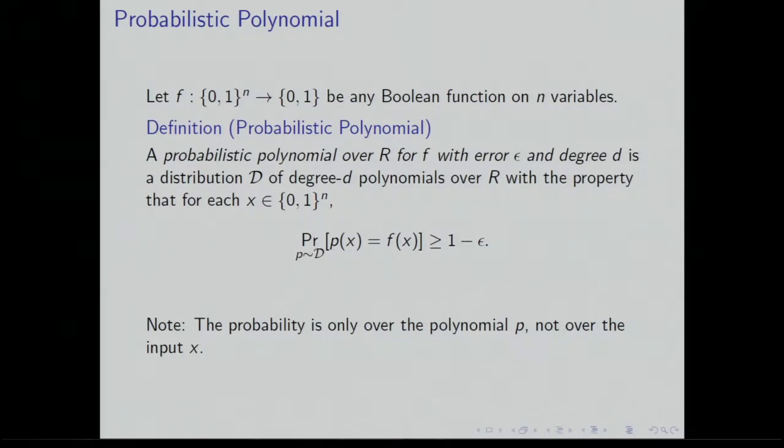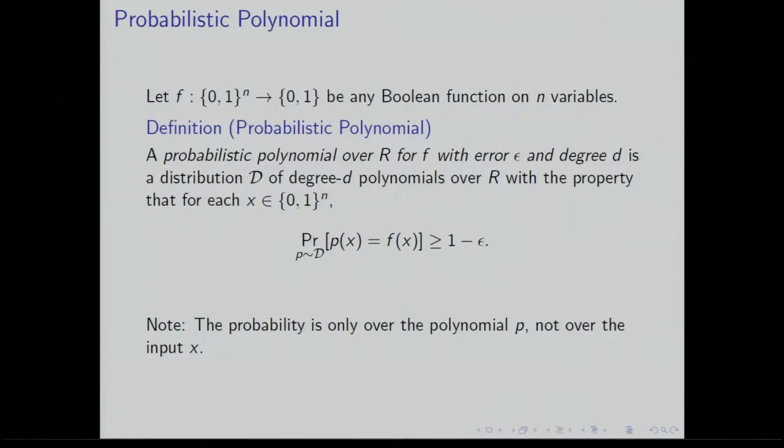So we've seen this definition a couple times already too. But a probabilistic polynomial is, in addition to having a degree parameter d, there's also an error parameter epsilon. And instead of just being one polynomial, it's a distribution, say script D, over polynomials.